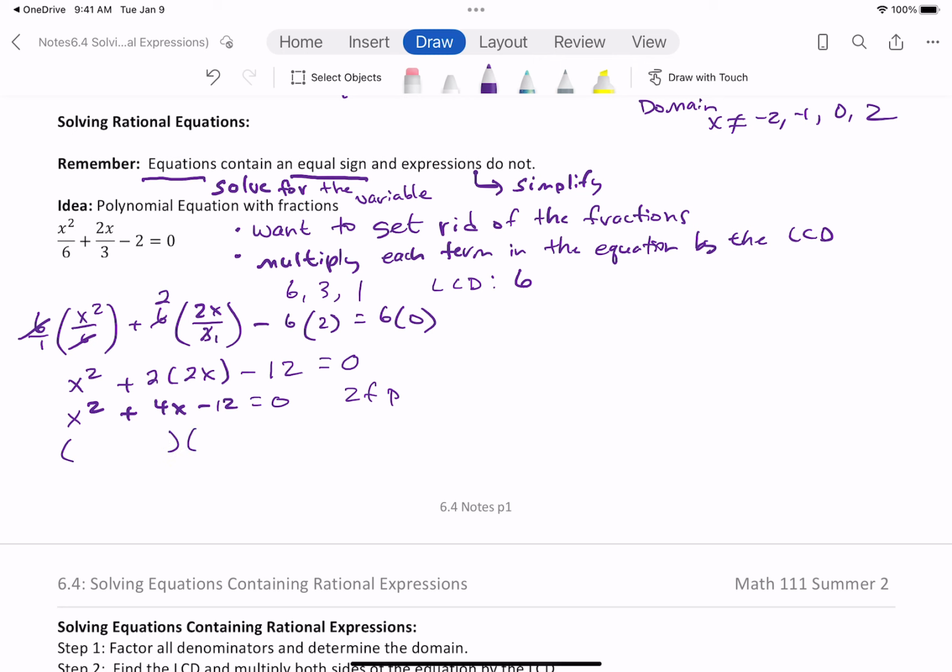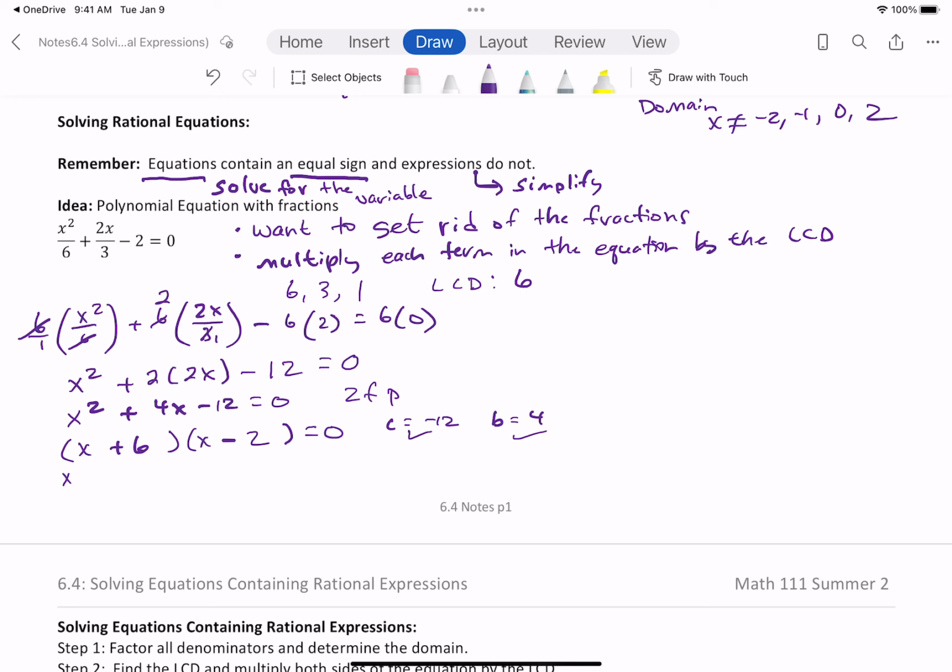And since a is 1, we need the factors of negative 12 that will add to 4. And I think that is going to be positive 6 and negative 2. So 6 times negative 2 gives me negative 12, and positive 6 plus negative 2 gives me 4.